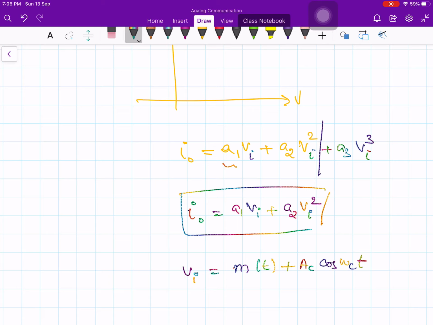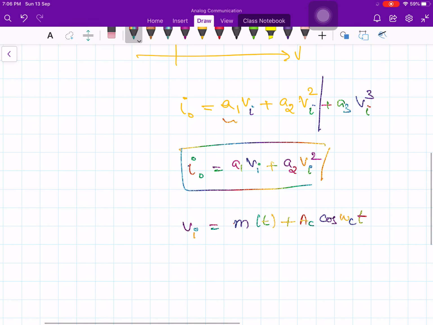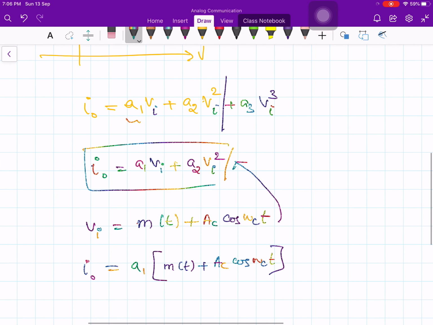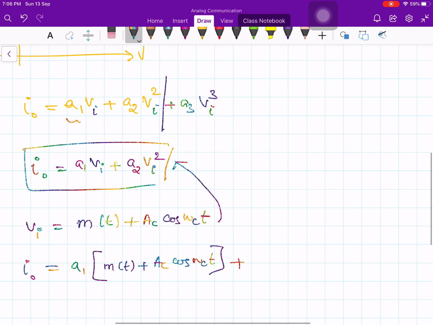Now if you substitute Vi in the above expression, the square term will produce multiplication of the two values. For example, I_0 is equal to a1 times m of t plus A_c cosine omega_c t, where a1 is a constant by the way, plus a2 times m of t plus A_c cos omega_c t, the whole squared.